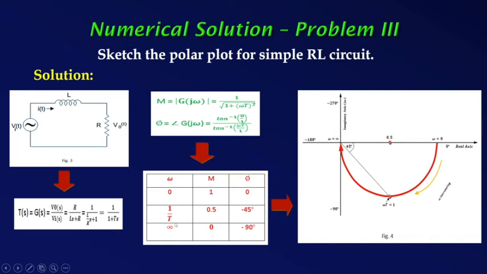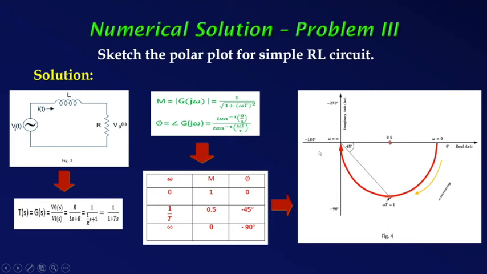Then put omega equal to 1 by T: the magnitude value is 0.5, and this is tan inverse 1, so the angle is 45 degree, so 0 minus 45 gives minus 45 degree. Similarly, when omega equal to infinity, the magnitude is 0 and the angle is minus 90 degree.